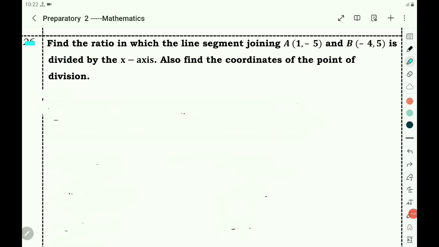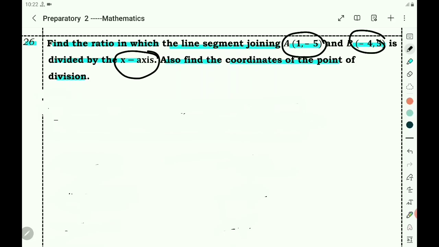Question number 26. Find the ratio in which the line segment joining A (1, minus 5) and B (minus 4, 5) is divided by the x-axis. Also find the coordinates of the point of division. Here the line joining these 2 points is divided by the x-axis.